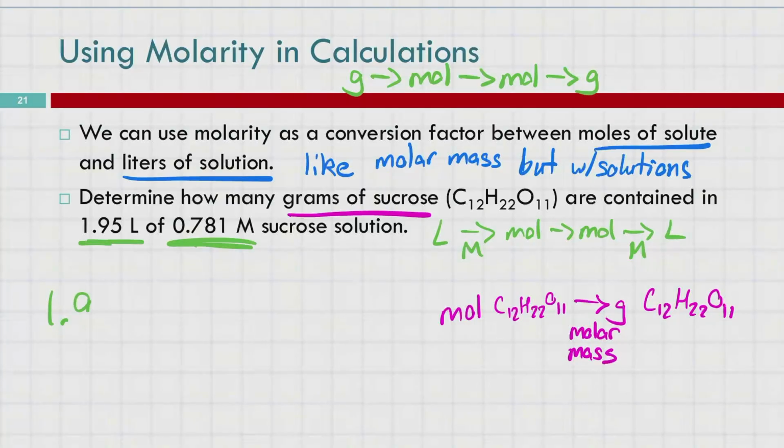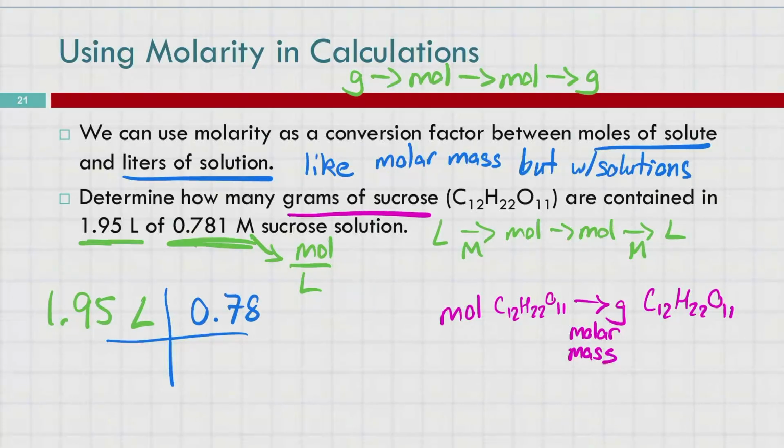So 1.95 liters. Remember what I said about molarity being moles over liters, and we can convert those two. So we can swap that capital M out for moles over liters. 0.781 moles per liter. So we multiply those two, and we'll get out moles. And then we can turn that into grams.